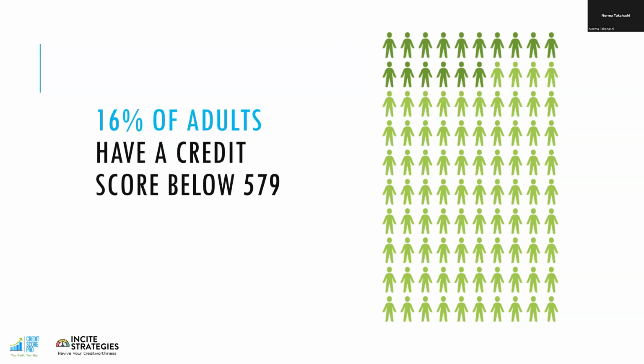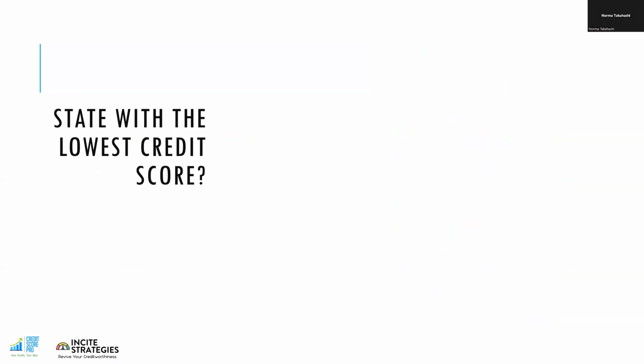And then 16% of adults have a credit score below 579, so below that 580 minimum score threshold. And just for fun, what state do you think has the lowest average credit score? No guesses? Okay, fine, I'll just tell you. It's more fun if you guess.